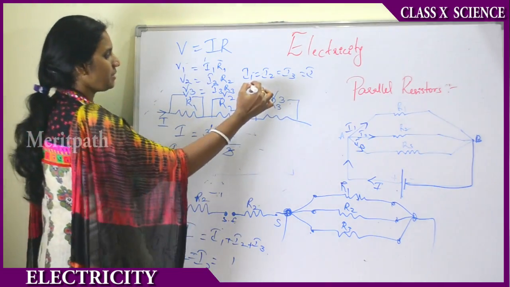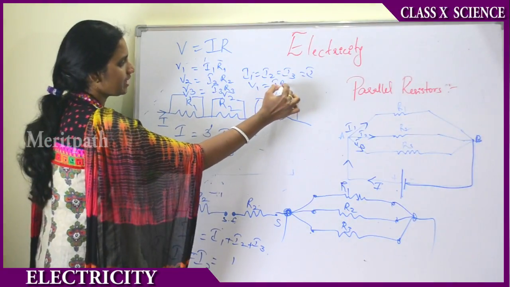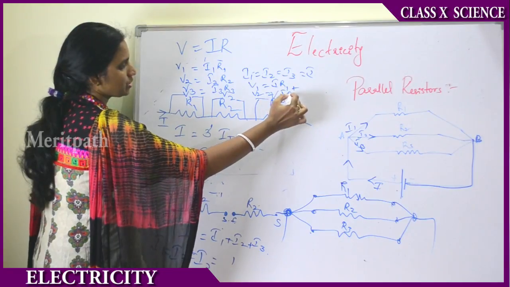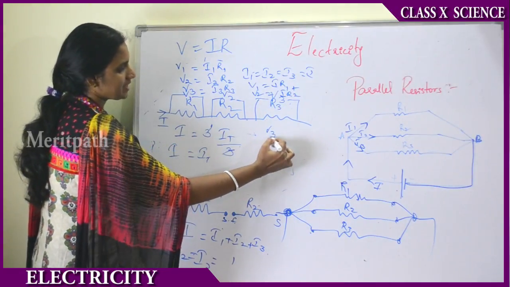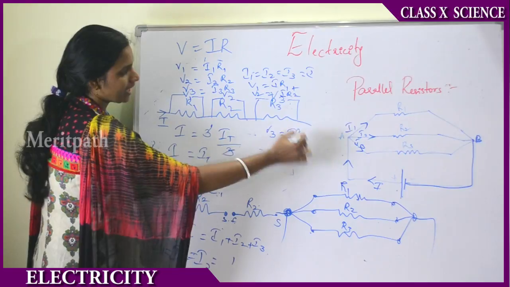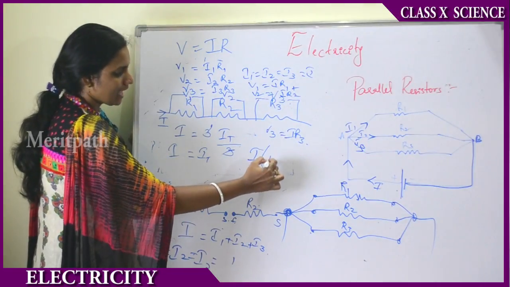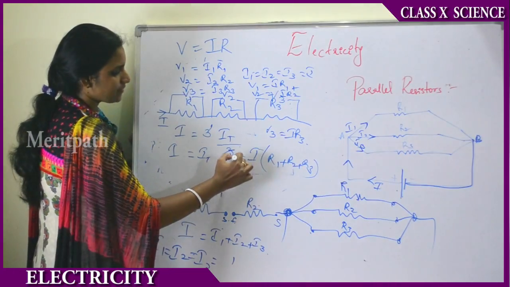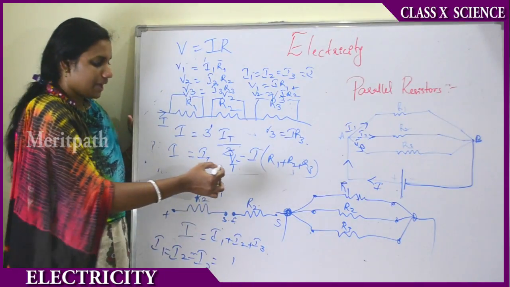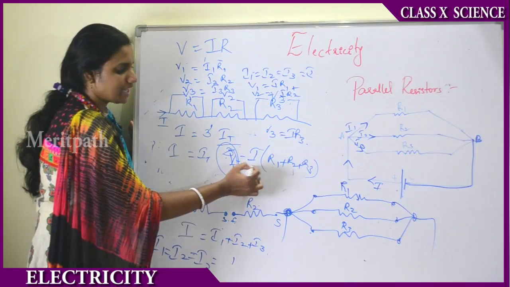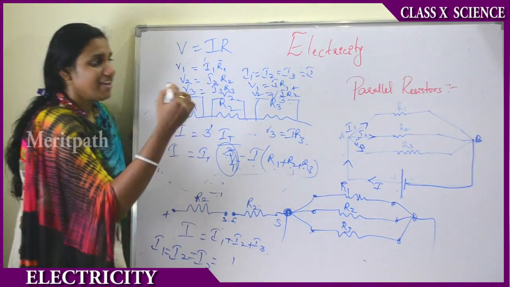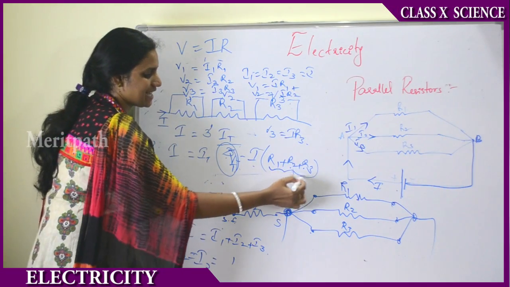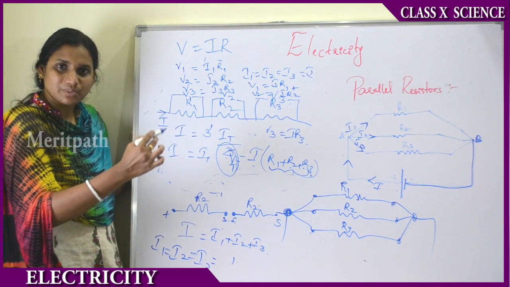So the equation can be changed into V1 equals IR1, V2 equals IR2 and V3 equals IR3. So we can say that I is common, and R1 plus R2 plus R3 gives us V total. I hope you understood, that is, V total equals I into R1 plus R2 plus R3. When the resistors are connected in series, we add the resistances, that is R1 plus R2 plus R3.